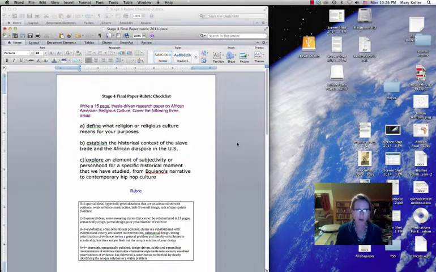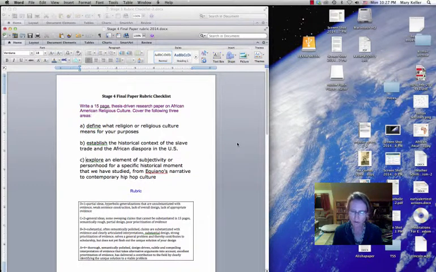Stage 1 established African roots. Stage 2 allowed you to move in towards a study of subjectivity. What does this mean, and how does this set you up for a final paper?